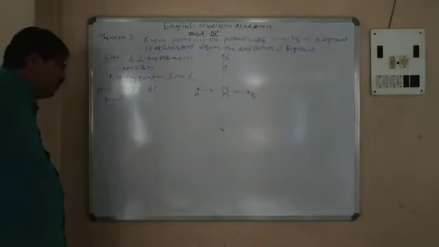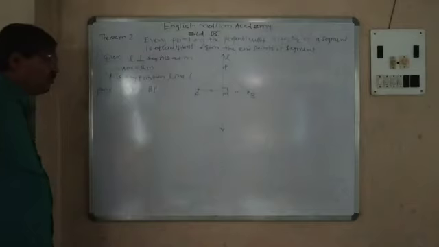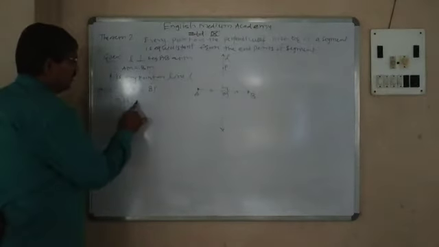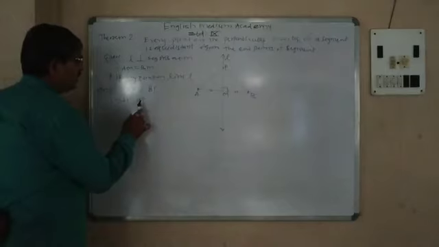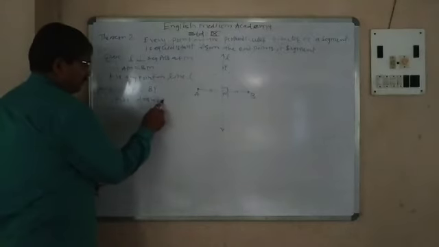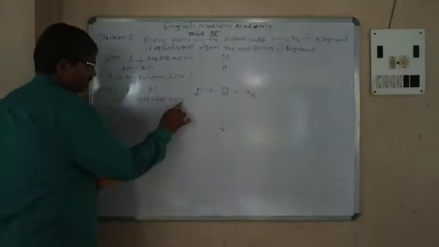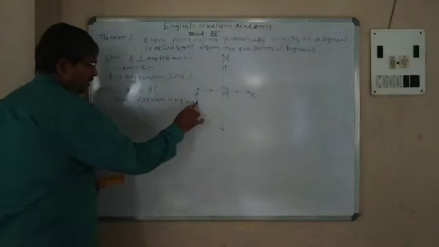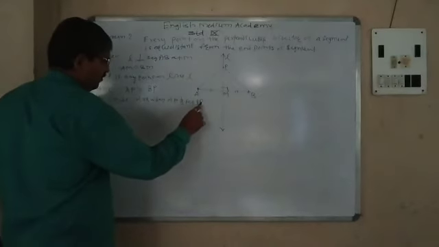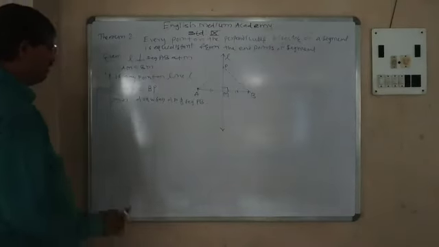Before writing the proof, we should write here construction: draw seg AP and seg BP. Not necessary to write join, draw. Okay, seg BP. So then what will happen now?